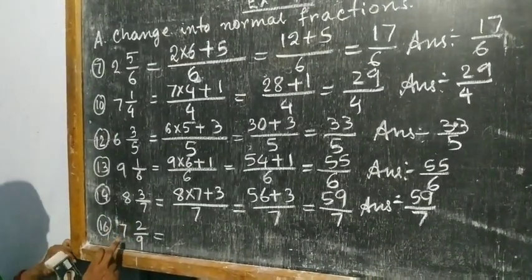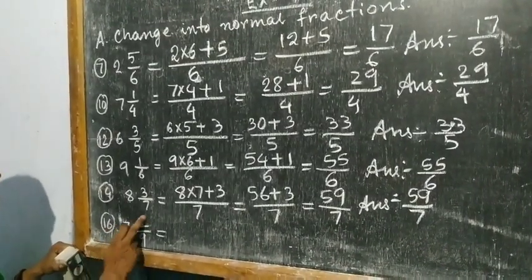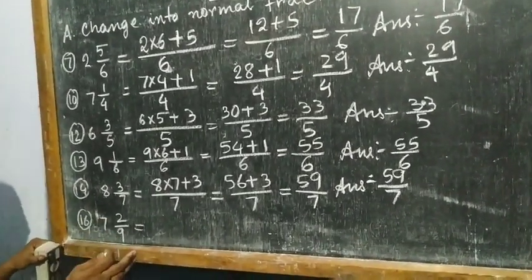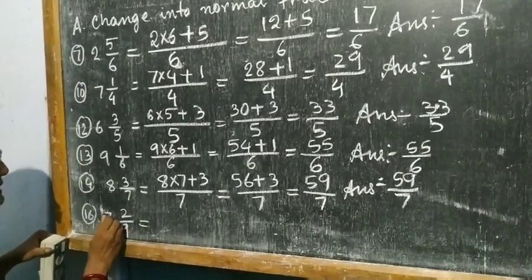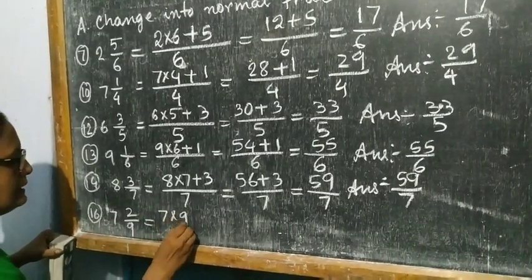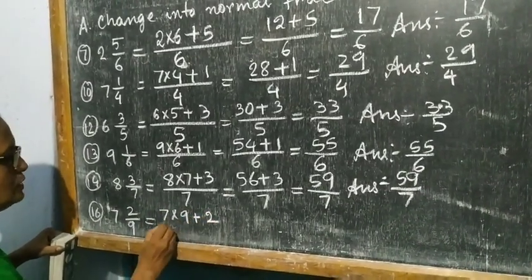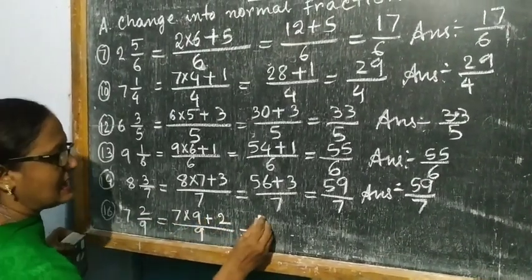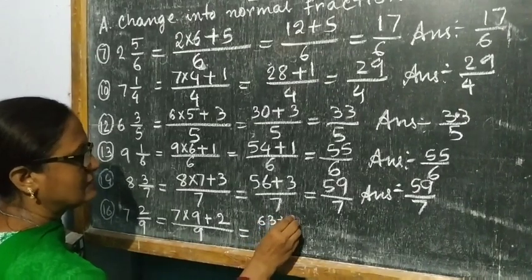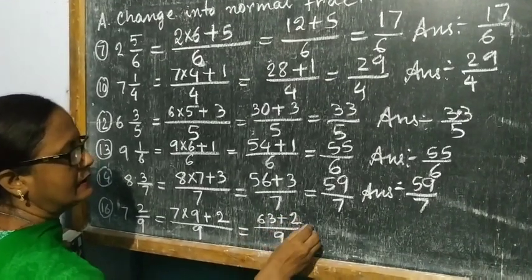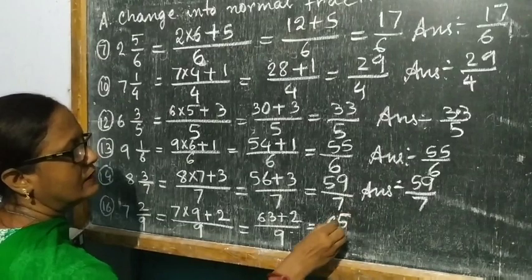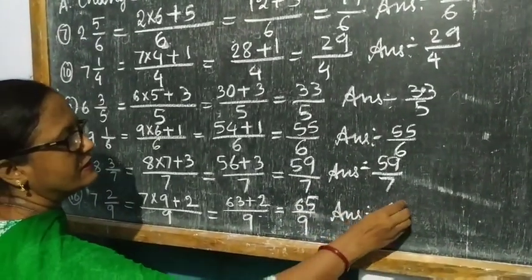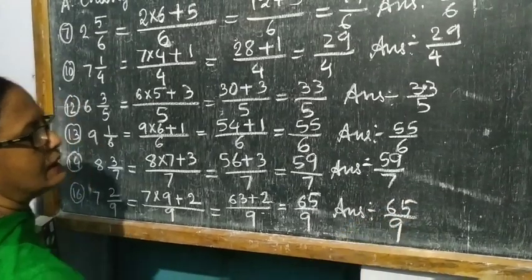Now again you see children, sum number 16: 7 2 by 9. It is a mixed fraction, so you have to change it into a normal fraction. Then what you have to do? 7 into 9 plus 2 by 9. So 7 nines are 63 plus 2 by 9, that means 65 by 9. So the answer is 65 by 9.